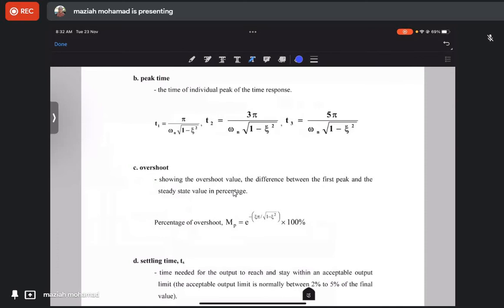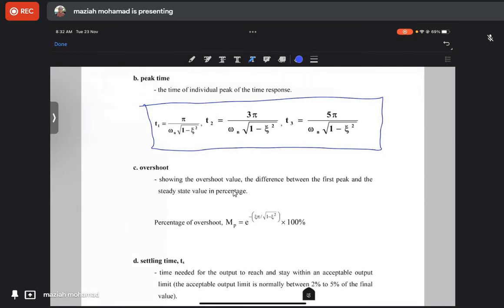All right, this is the equation for peak time. T1 is the peak time for peak number 1. T2 is the time for peak number 2. T3 is the time for peak number 3. So you can see the pattern there.